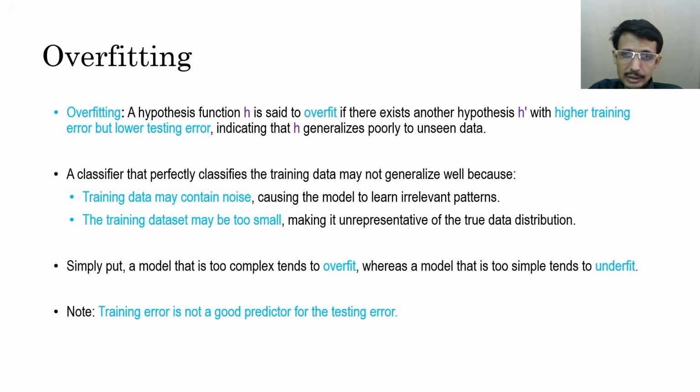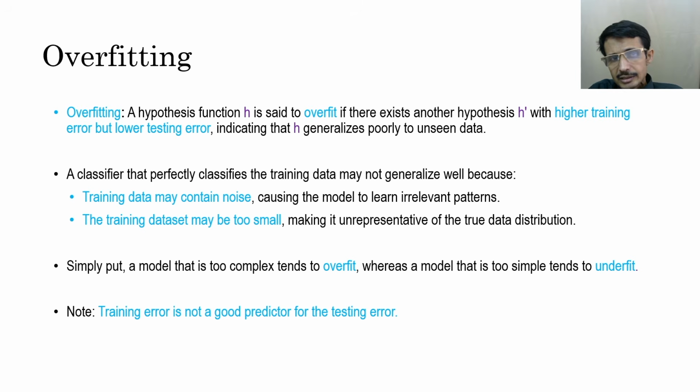This is not actually a pattern, rather an outlier, but it also learns or memorizes it. Another time it happens very frequently is when the training dataset is very small, making it unrepresentative of the true characteristics. That time also it happens.